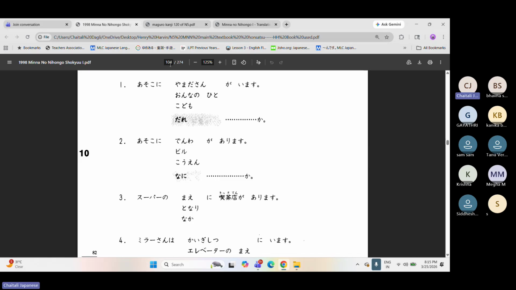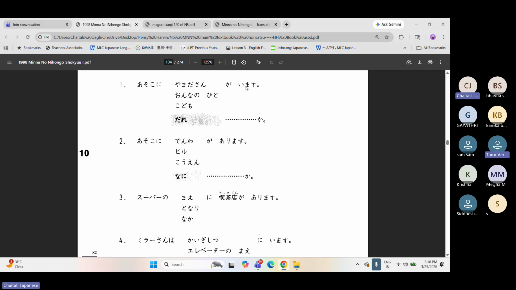Okay. Have you written ga arimasu and ga imasu? Okay. So ga imasu is used for living beings and ga arimasu is used for non-living beings. Now, asoko ni Yamada-san ga imasu. So, what is asoko? There.